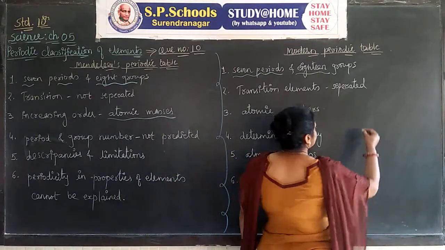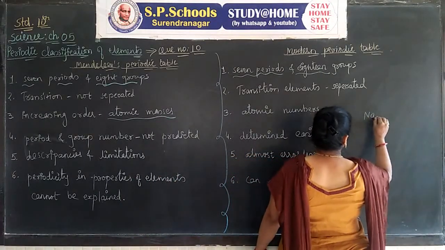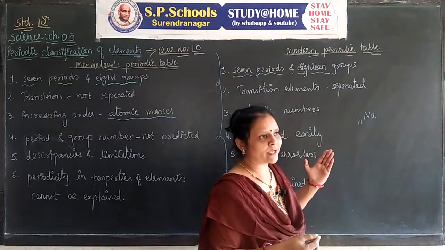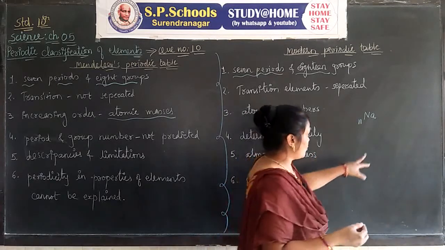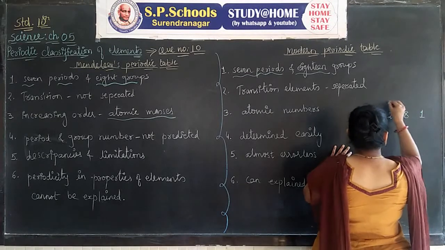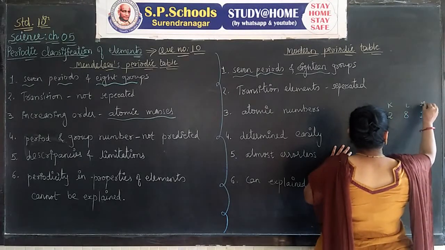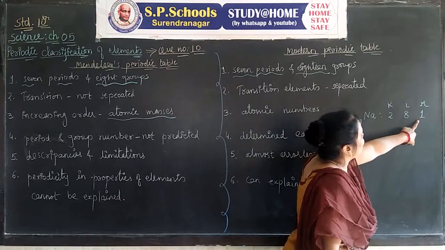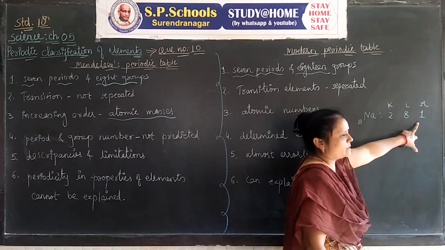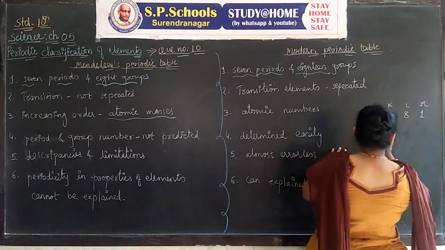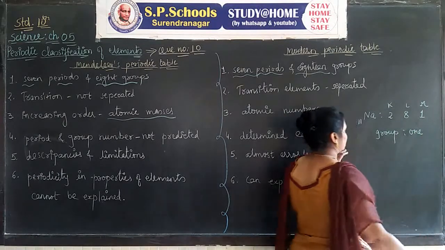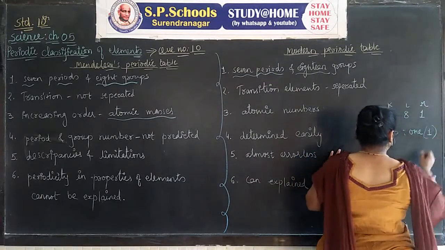See the example of sodium, which we saw in question number 8. When we know the atomic number, which is 11, we write the electronic configuration of sodium: 2, 8, 1, in the K shell, L shell, M shell. In the last shell, 1 electron is present, so it belongs to group 1.